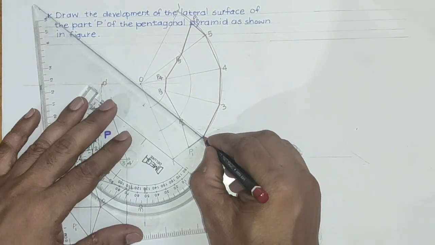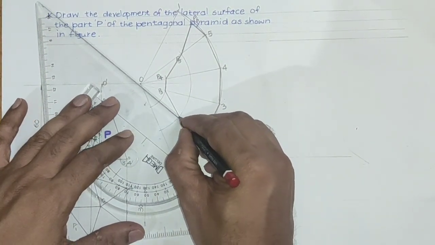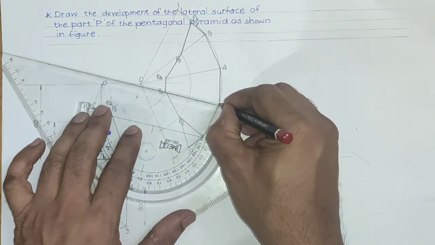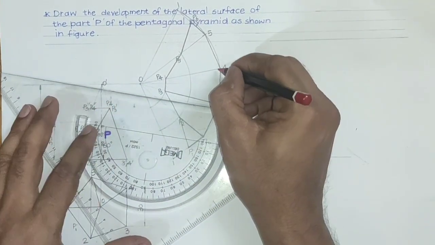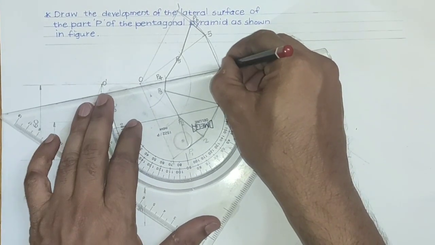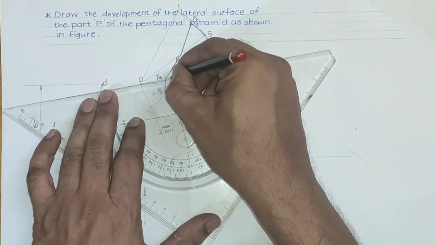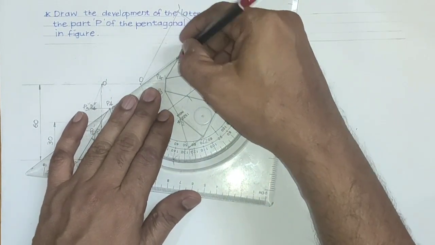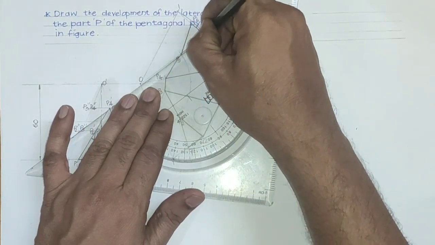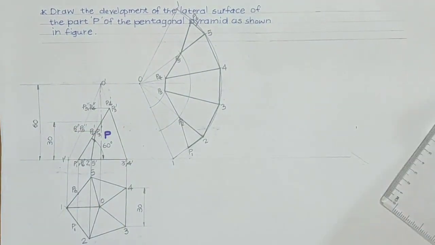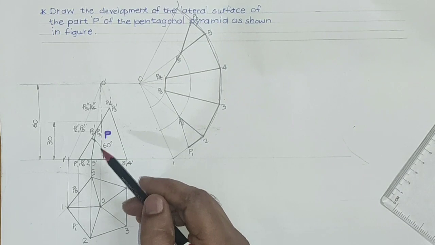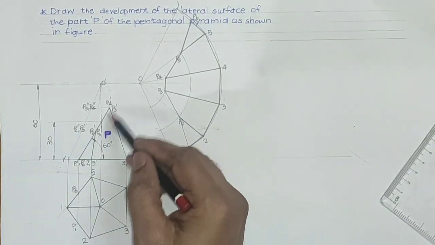Lastly, darken all the slant edges on the developed surface. This is the development of retained portion P of the pentagonal pyramid.